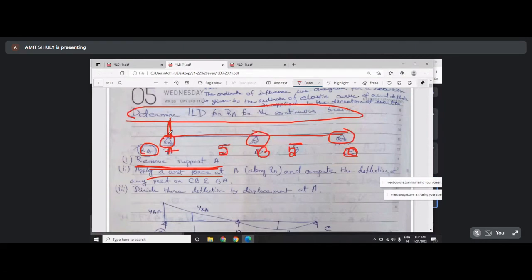So the deflected shape will look like this. If you give a unit force here, what should be the deflected shape? It will look like this one.